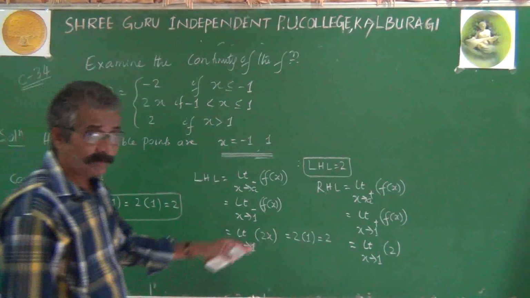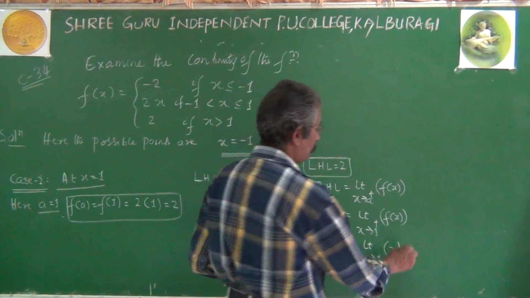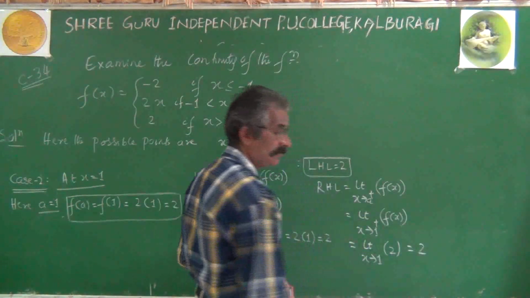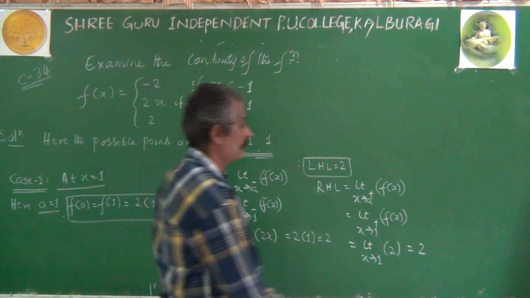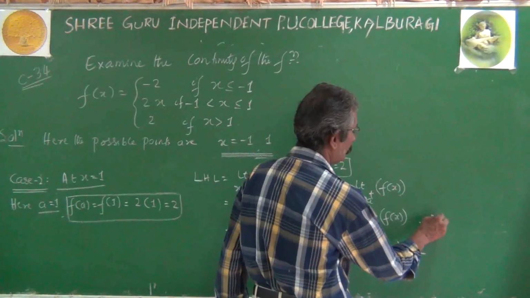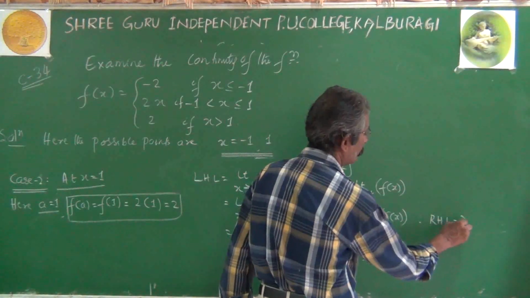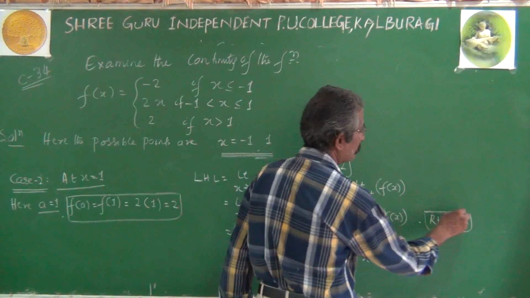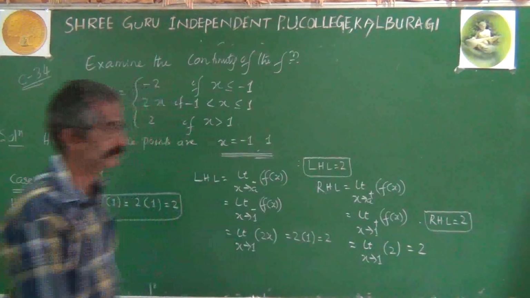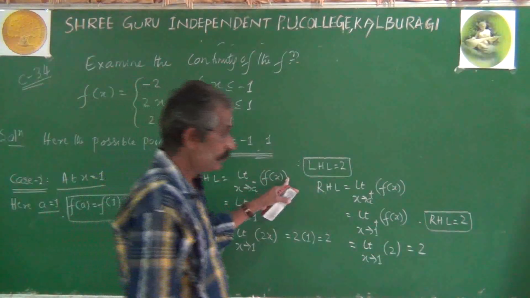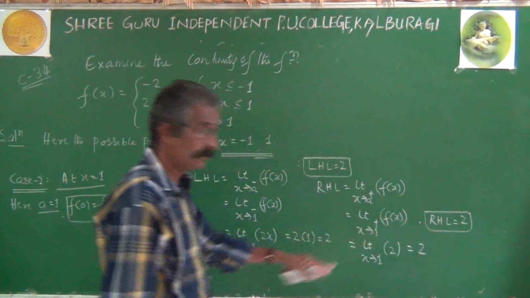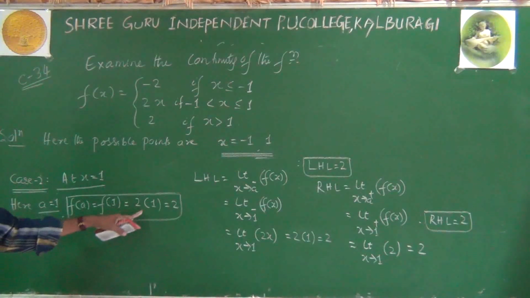Further, the limit of a constant is the constant. So the limit of 2 is 2 only. That means the right hand limit is also 2. What we can observe is that the left hand limit is 2, the right hand limit is 2, and they are equal to the f of 1 value.